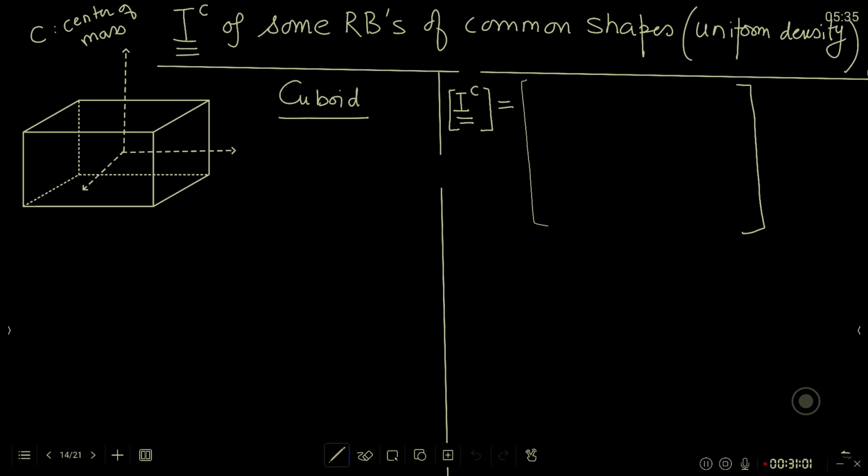So I have been given a cuboid. C is the center of mass, and my working coordinate system is this.